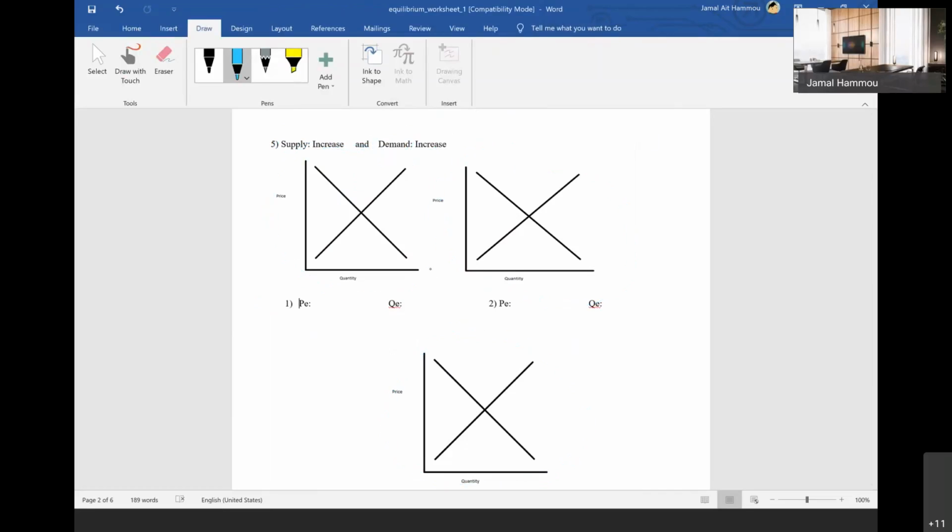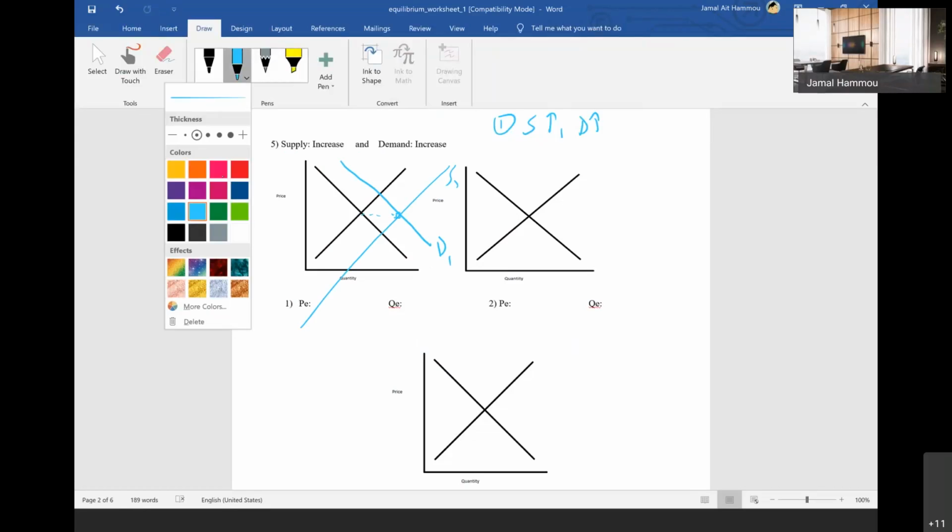So case number 1, it could be they are shifting with the same amount. They are increasing by the same amount. So I will shift the demand curve, increase the demand curve to the right. And I will shift the supply curve with the same amount. That's case number 1. So I started from the equilibrium.